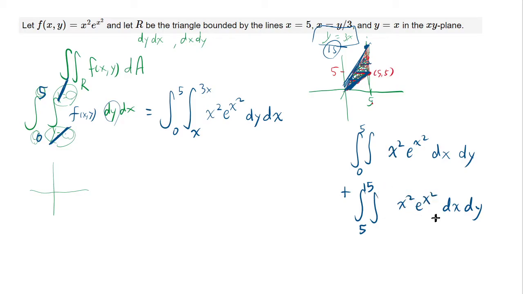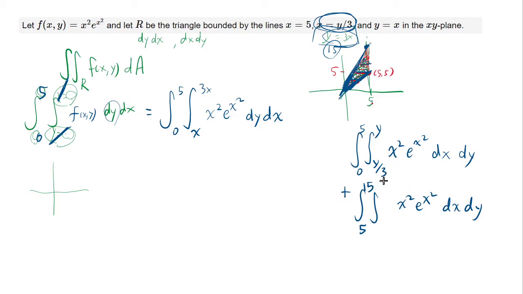Now let's continue. What is this and this? Below 5, you start from here and you end there. Although I said this one is y equals 3x, this time I would like to use x equals y over 3, because I have dx. So you should write down the equation as x equals something. X equals y over 3, and we don't write x, we just write y over 3. Then it ends here, which is x equals y, so y goes in here.